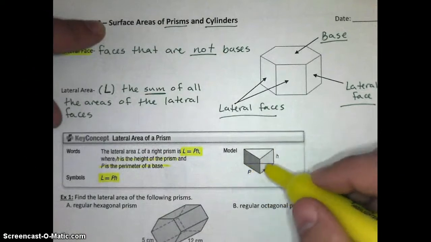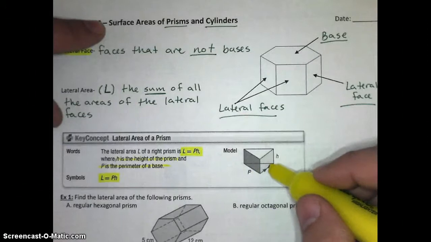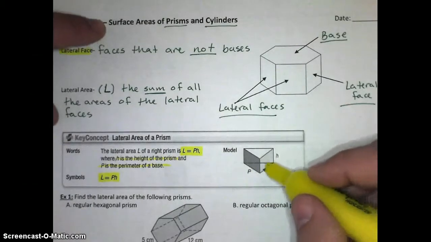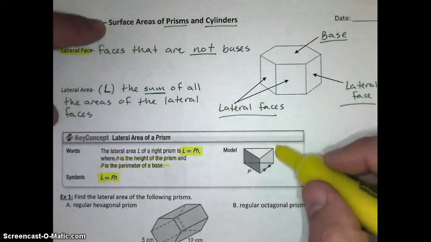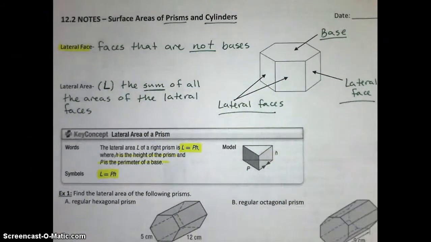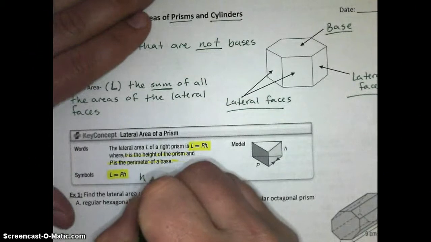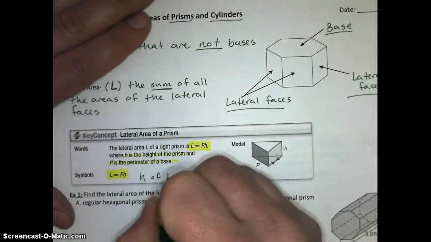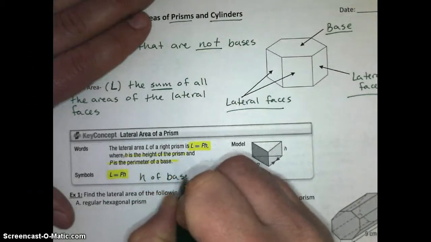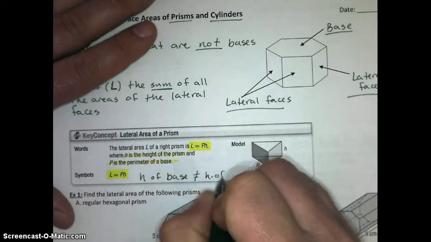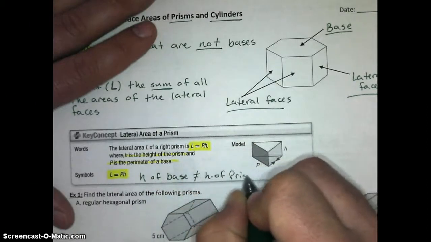Now you have to be careful because the base polygon might have a height measurement of its own if it's a rectangle or trapezoid or a triangle. So that height is not the same as the height of your prism. The height of your prism is the distance between the bases. I want you to write this in. Height of the base does not equal height of the prism.